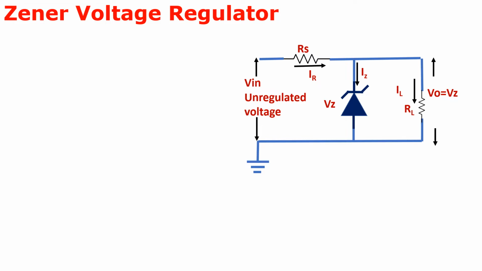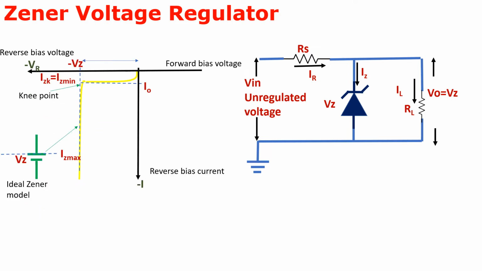How this voltage is maintained by the Zener diode, you can understand from the VI characteristics of the Zener diode. I am showing you here part of the VI characteristics. The forward bias mode part is not shown here.